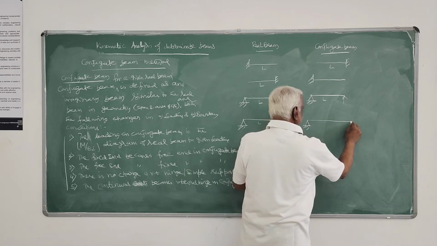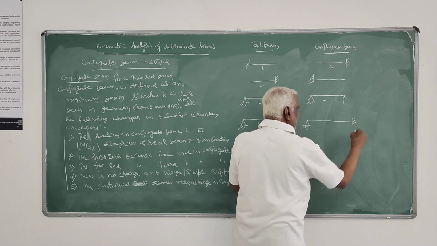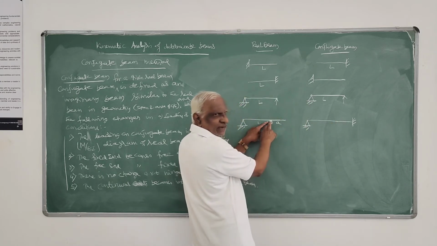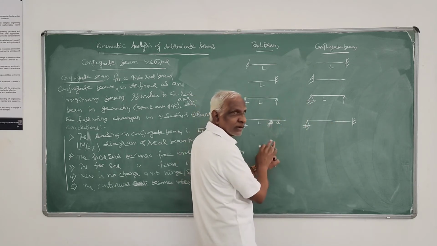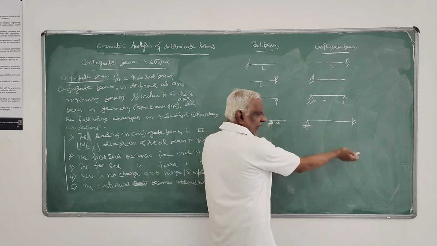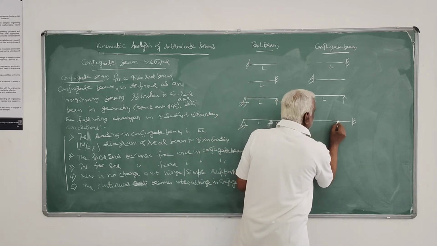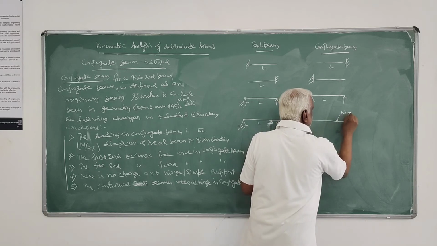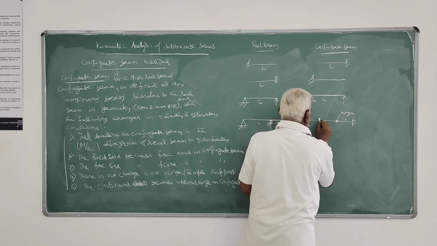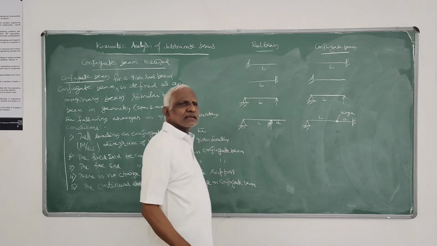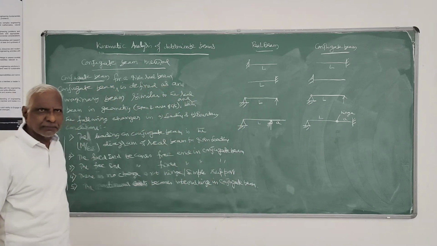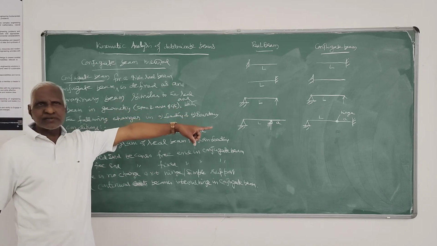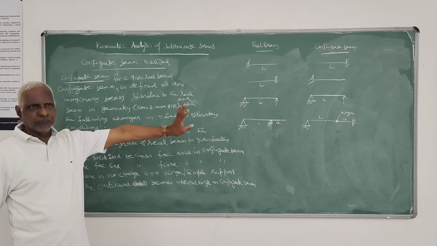The fixed end becomes a free end, the free end becomes a fixed end, and here it is continuous. It is not a simple support, it's continuous here. Because there is a span adjacent to that, this becomes an internal hinge. This is EI, this is EI. This is the corresponding conjugate beam. I hope I have made all the points which I defined clear by means of a diagram.